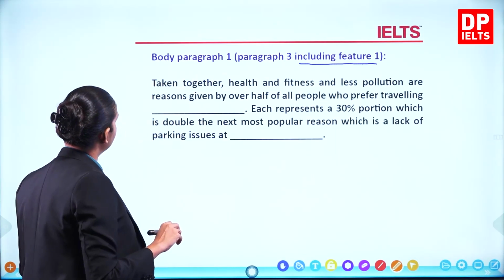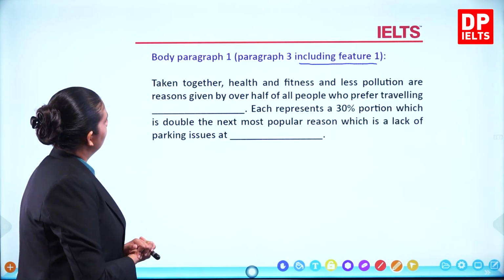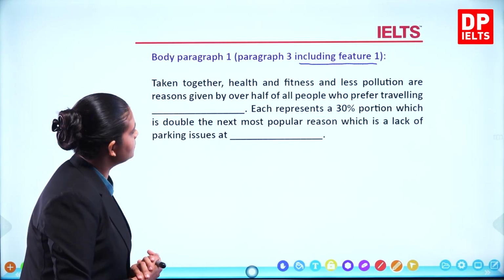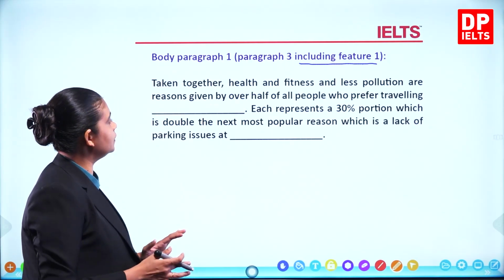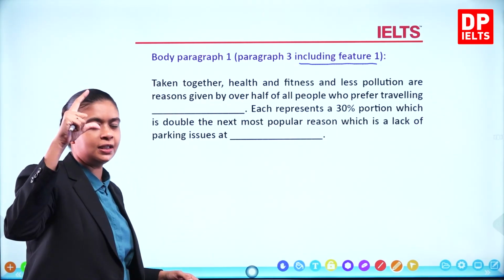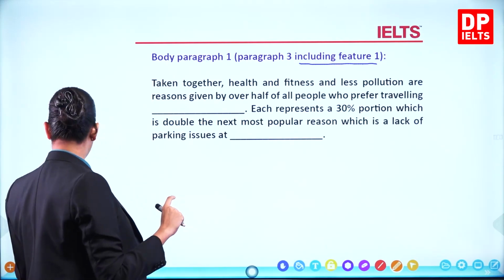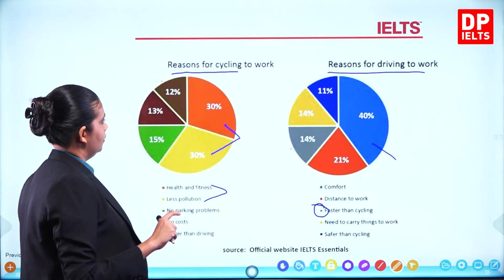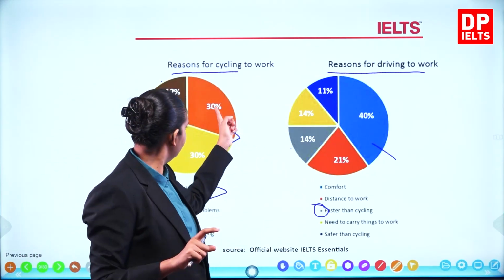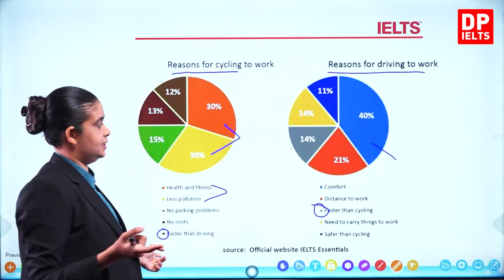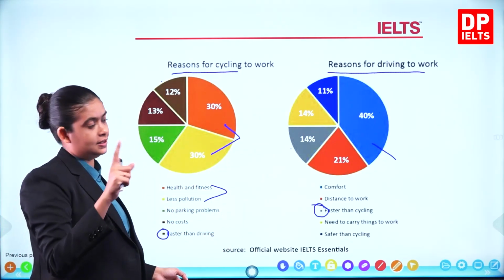So coming back here, taken together, health and fitness and less pollution are reasons given by over half of the people. Why? It was 30% and 30%. If you can remember, right? 30% and 30% here. So it was more than half percentage. 50% is nearly half.